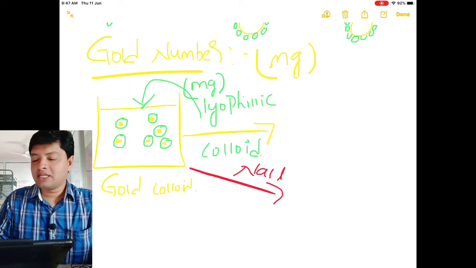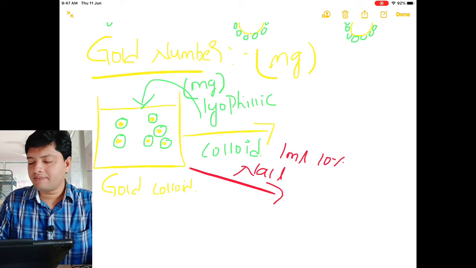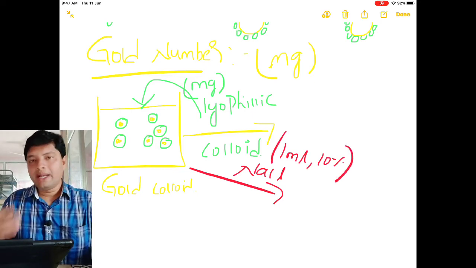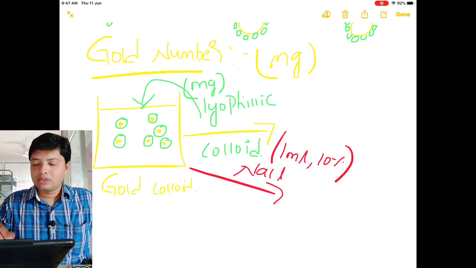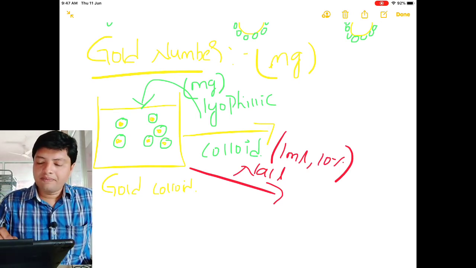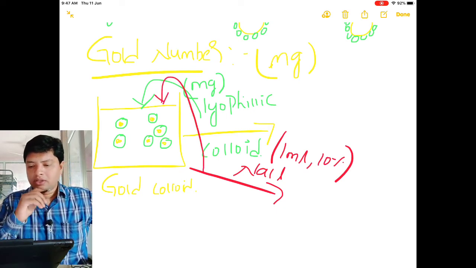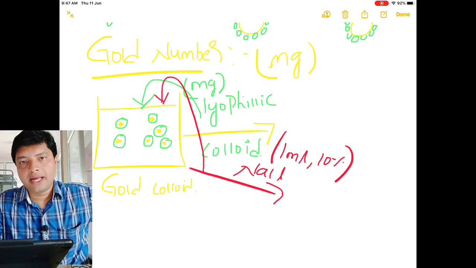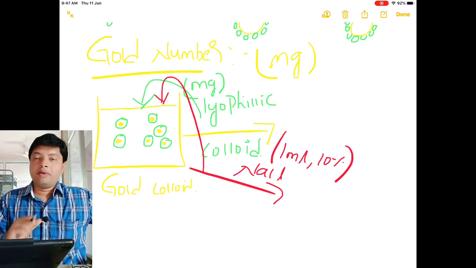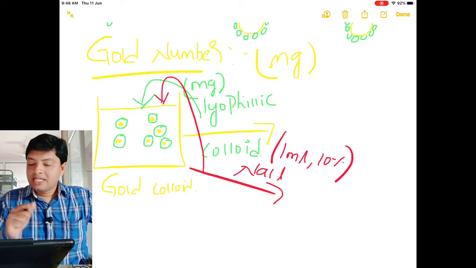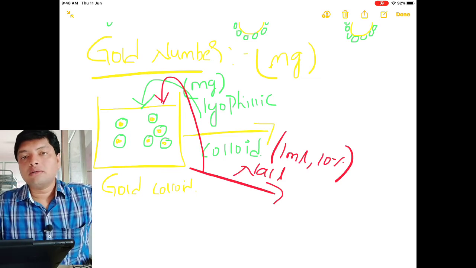I will add 1 ml of NaCl with a strength of 10% weight by volume to the previously added lyophilic colloid on the gold colloid. Now, what happens? This lyophobic colloid will not be destabilized.